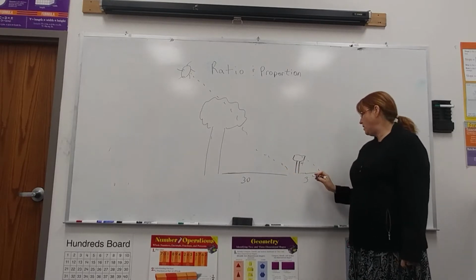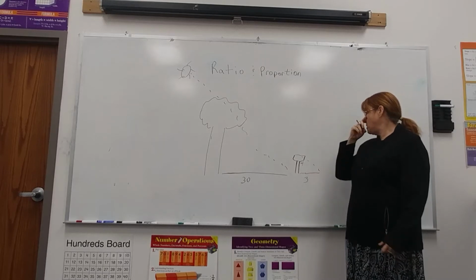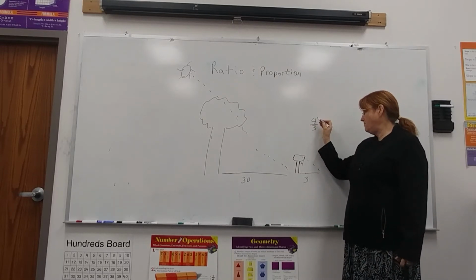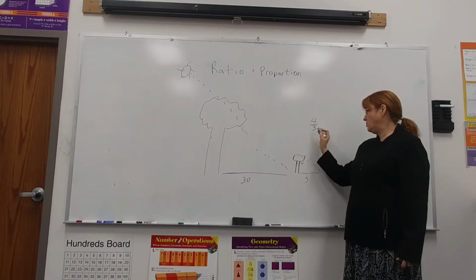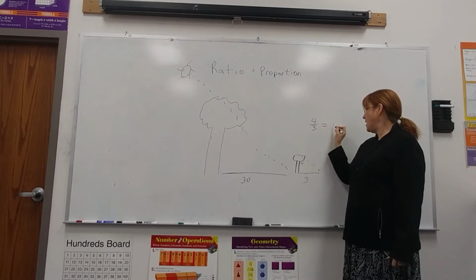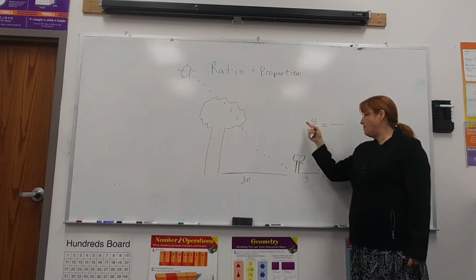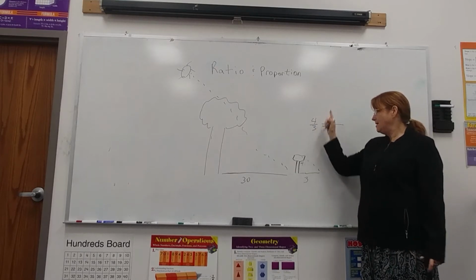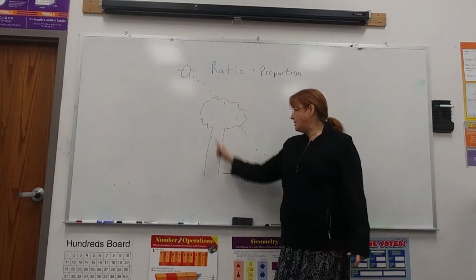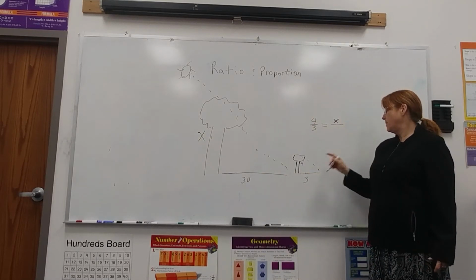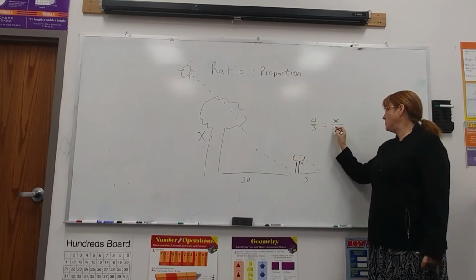So you can say this is 4 to 3, the height of the mailbox to the base of the shadow. That is going to be the same as, now I have to make my tops be related, this is the height, so I need this to be the height, and this is what I don't know. So that goes on top. My base, or my shadow, is on the bottom.